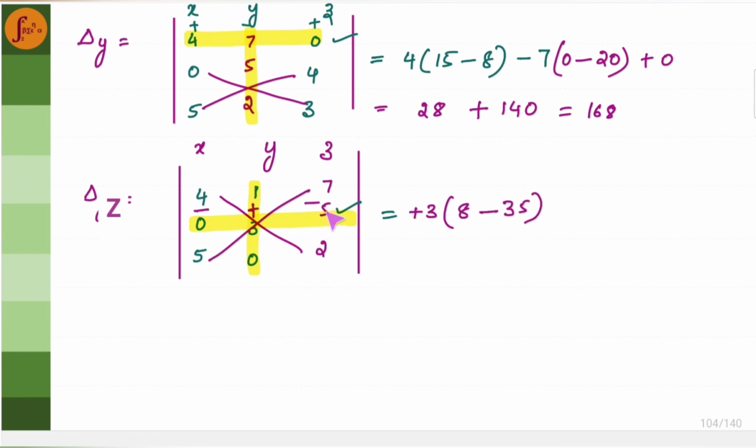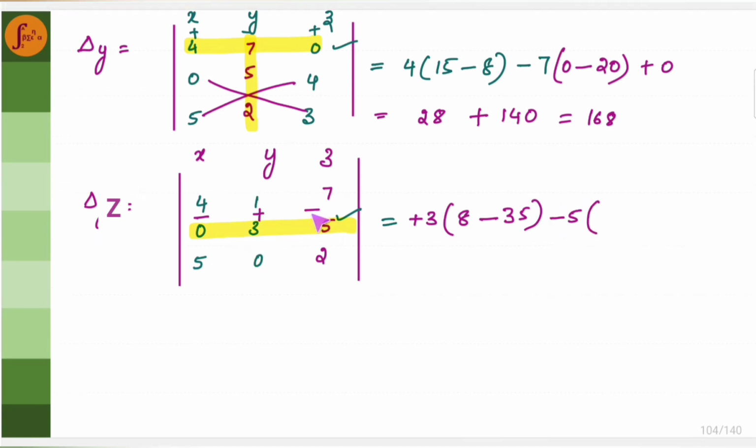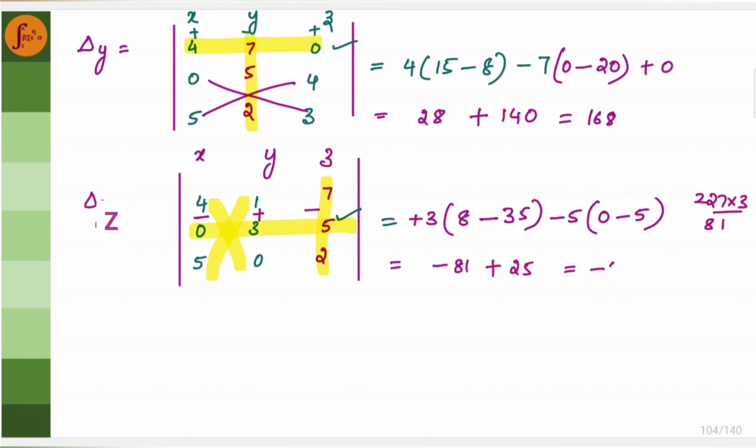Now the third element is minus 5. Minus 5 into, let's ignore this column, and cross multiply this way. We get 4 into 0, which is 0, minus 5 into 1, which is minus 5. So we'll have 8 minus 35, we'll get minus 81 plus 25, which is equal to minus 56.